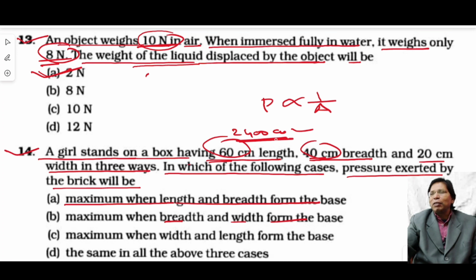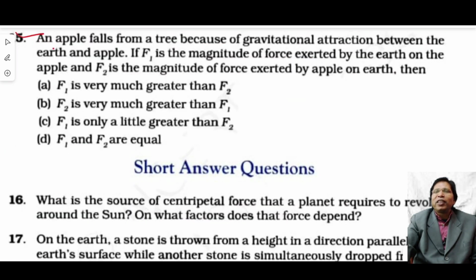This is the maximum area, so the pressure is least. So this is incorrect. The pressure is maximum when breadth and width form the base. Look at this, 40 centimeter into 20 centimeter is the minimum area. So pressure becomes maximum in this case. Now question number 15. An apple falls from the tree because of gravitational attraction between the earth and the apple.